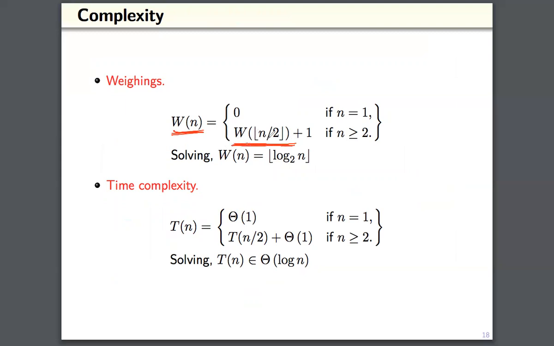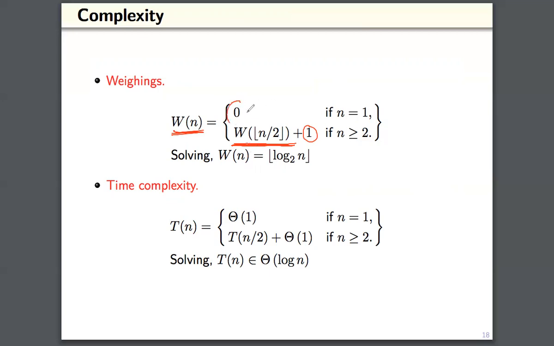Here it is floor, but it doesn't matter. You can just write it as n by 2 plus 1. Why 1? Because you used one weighing to split into A and B and find which one to recurse.